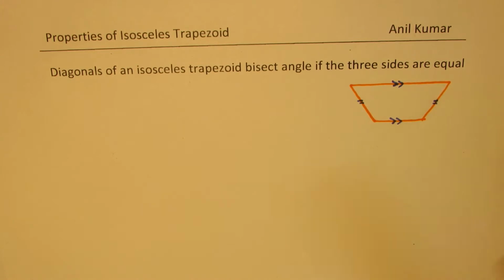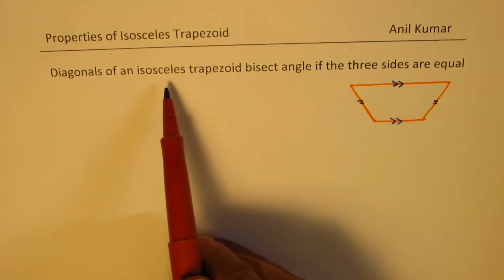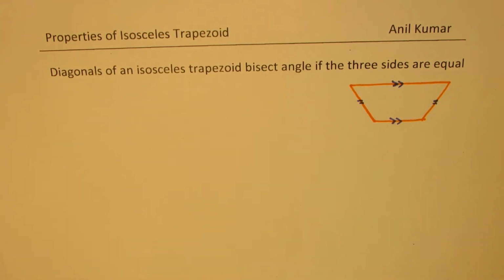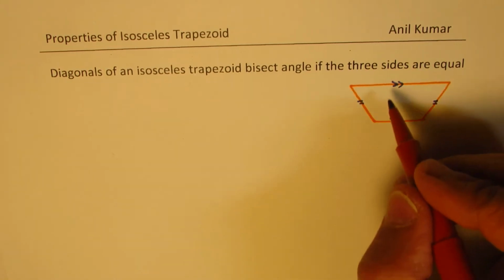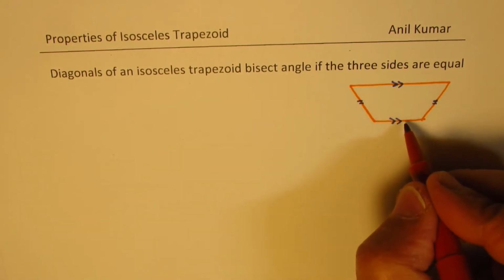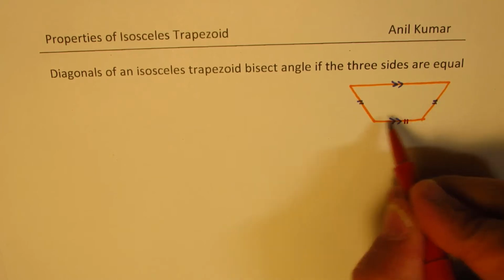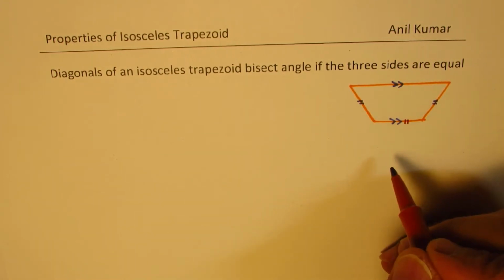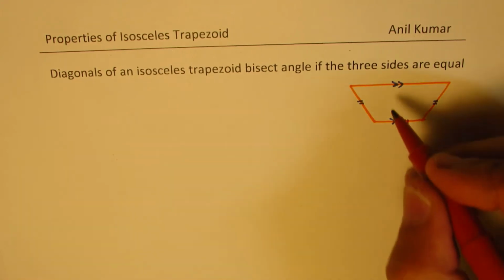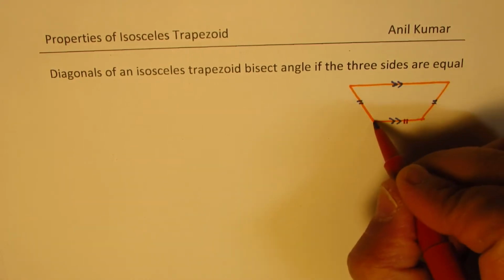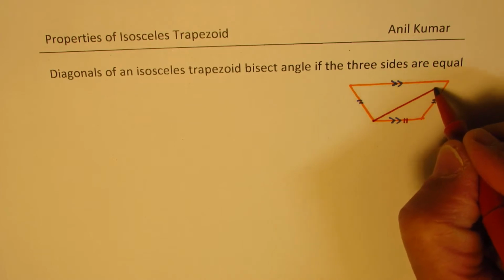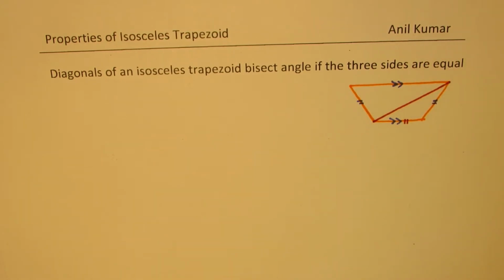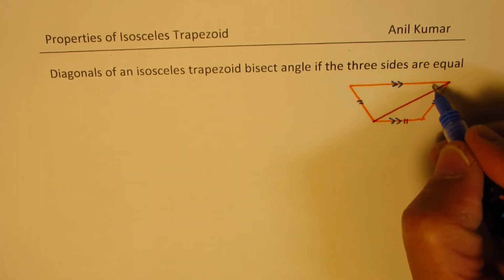One of them is that the diagonals of the isosceles trapezoid bisect angles. So if the three sides are equal, we are also given that this side is also equal to those two sides. So these three sides are equal. And we need to prove that if I draw this diagonal, then it bisects the angle here.